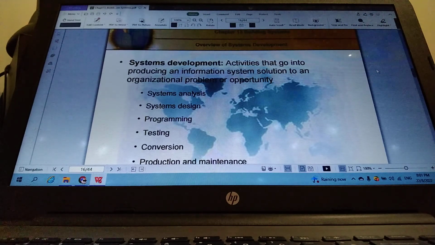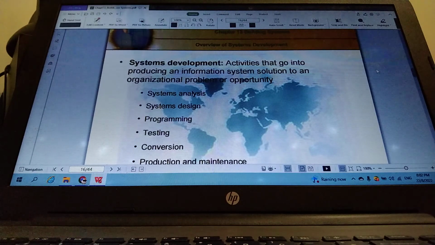Basically, we call it system development activities or system development steps, so that upon completion of all these steps or stages in building the system, we should be able to produce a solution to an organizational problem, or might even come out with some recommendation, an opportunity to overcome the problems with the current existing system or with the current business.